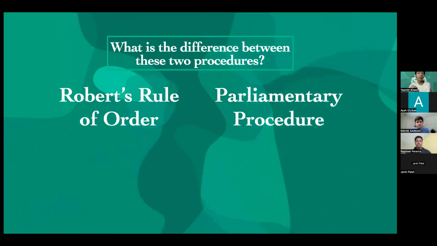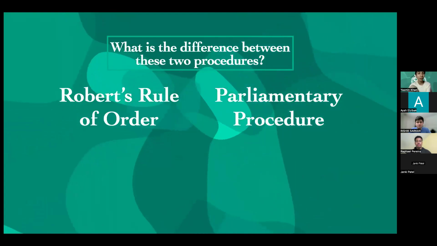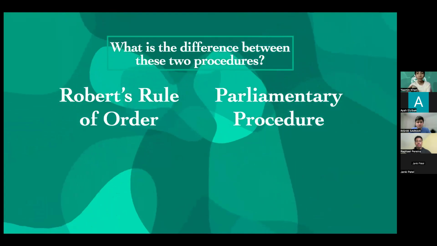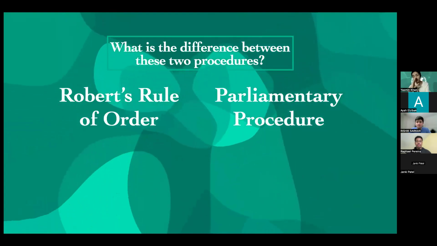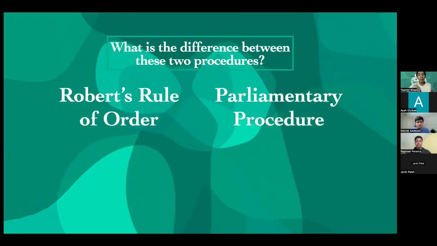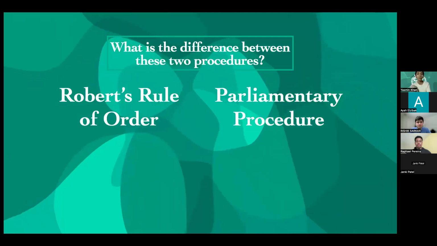So for those who were there at the workshop, or even who weren't, does anyone remember or could take a guess at what the key difference is between the two, between Robert's Rule of Order and parliamentary procedure? And the hint is that it's kind of in the name, in the name parliament, right? So can anyone take like a jab at it, like what the difference was?